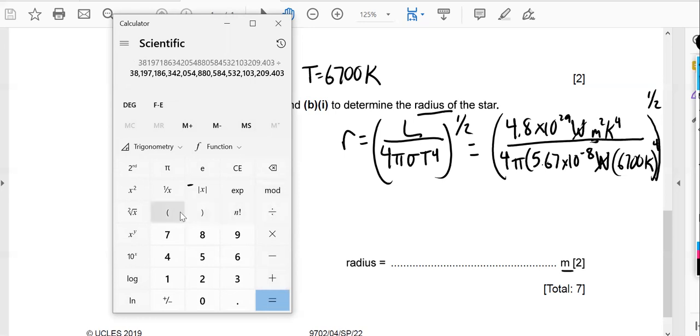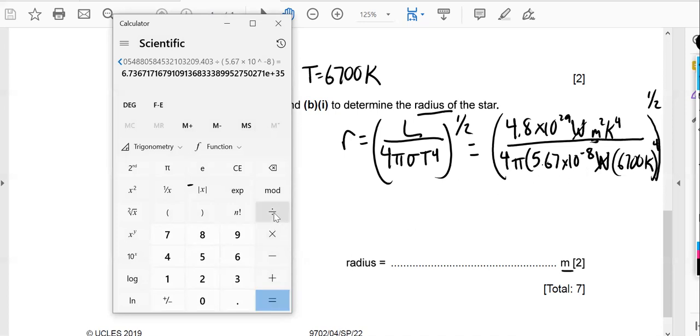So divide by, remember we need parentheses for this, 5.67 by 10 to the -8. Close parentheses, there's my Stefan-Boltzmann constant, 5.67 by 10 to the -8, equals.